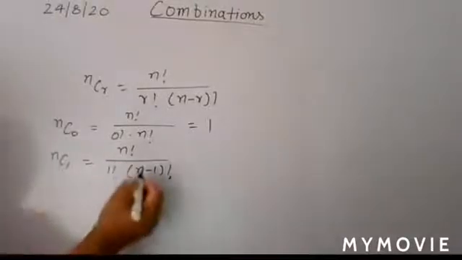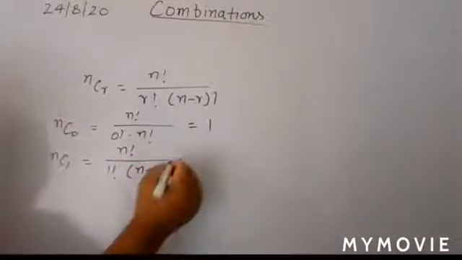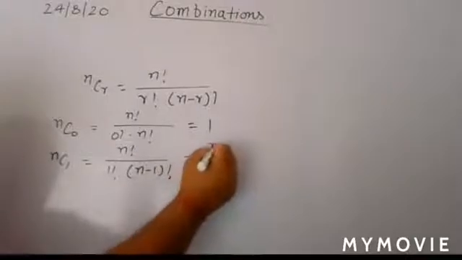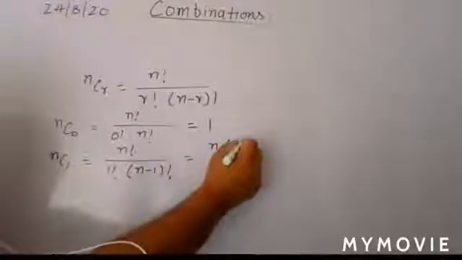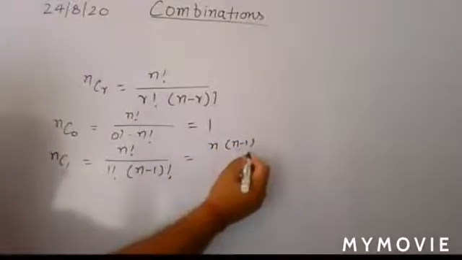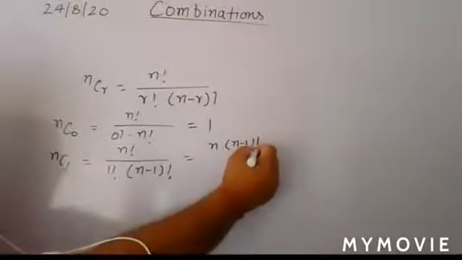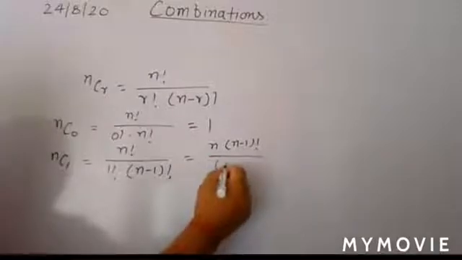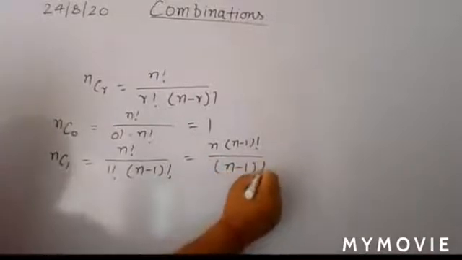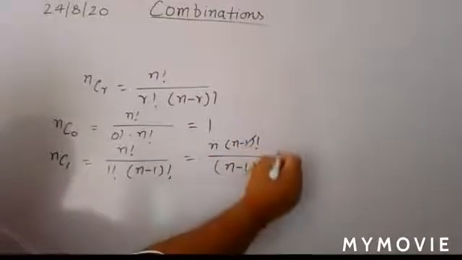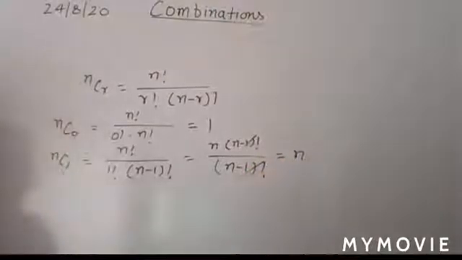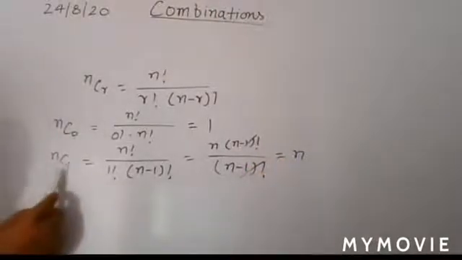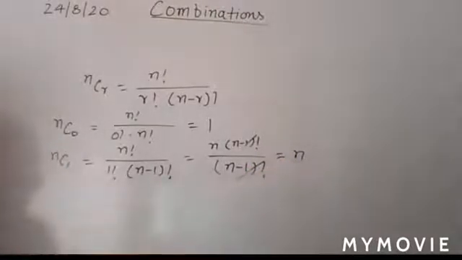Out of n factorial and n minus 1 factorial, n is greater, so you can write n into n minus 1 factorial, divided by n minus 1 factorial. That cancels out and your value is n. So nC1 is equal to n.